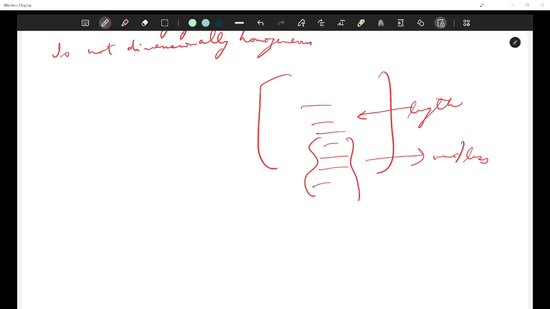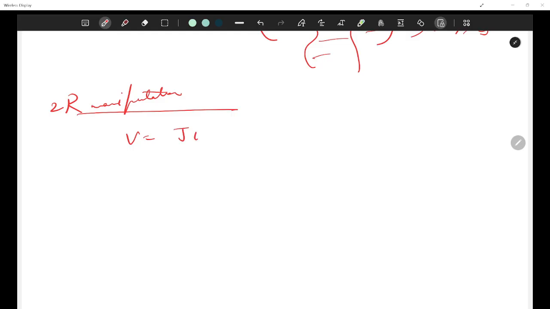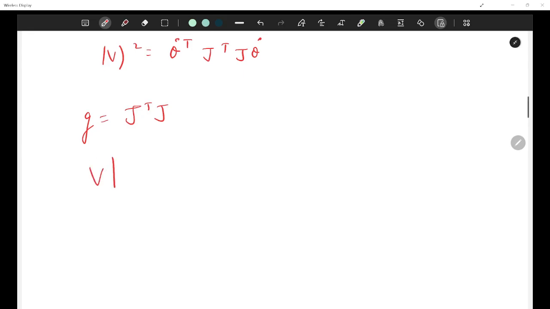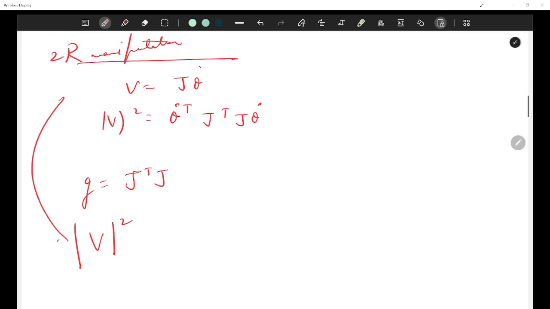Okay. So let's talk about a 2R manipulator. We know that V is equal to J theta dot. So if we take the magnitude, V squared would be theta dot transpose J transpose J theta dot. We can define G as J transpose J. So basically V squared that we wrote here would be equal to theta dot transpose G theta dot.